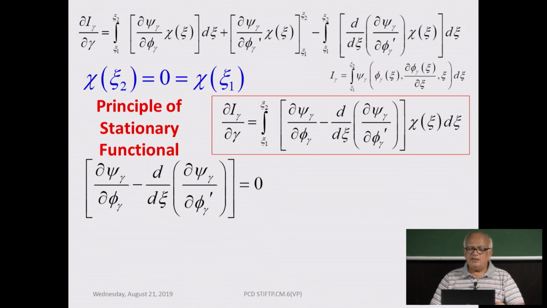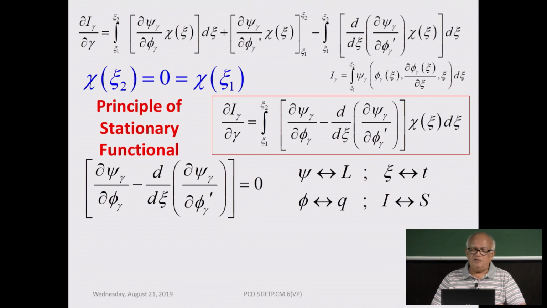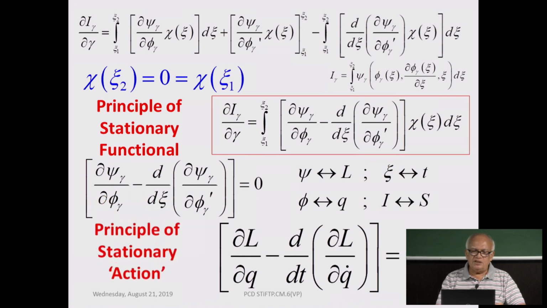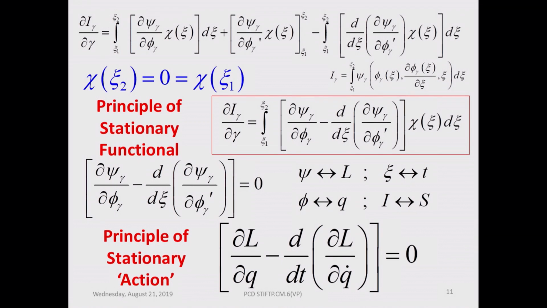So, this is exactly what gives you the Lagrange's equation when you identify psi with our Lagrangian, xi with time, and phi is the generalized coordinate, and the integral I itself is action. So, you see that the Lagrange equation is a special case of what we can call a Euler-Lagrange equation, and this is the general principle of stationary action.